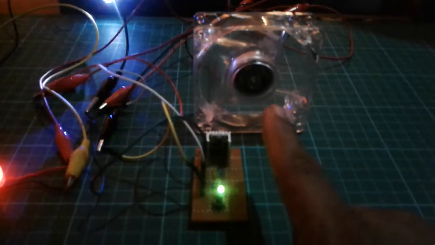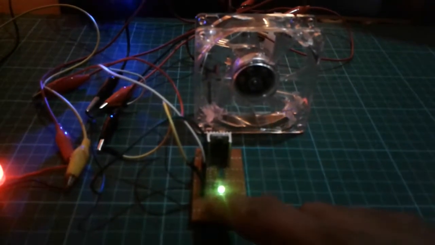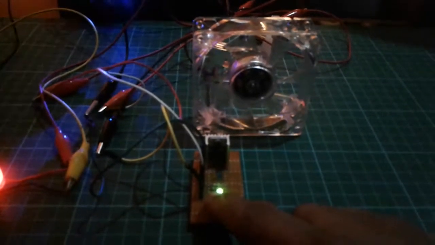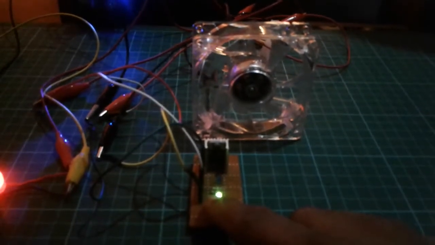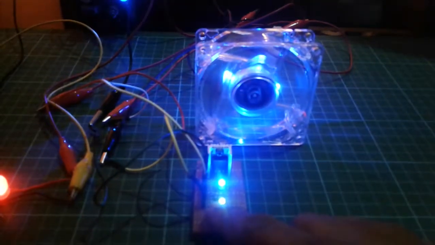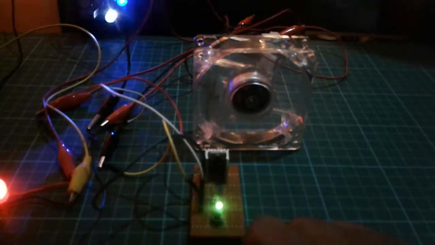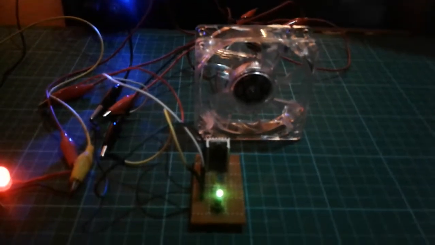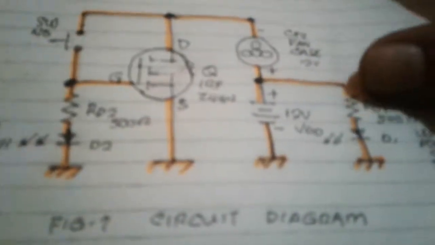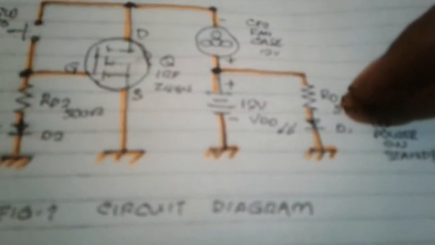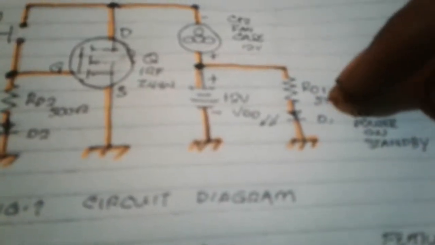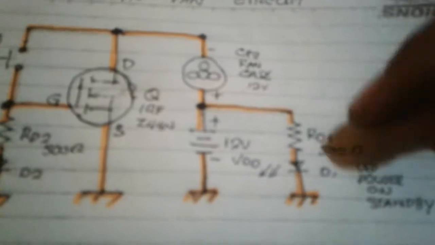And I'm using this CPU fan case. It actually has a built-in LED in the fan itself. The color blue LED inside the CPU fan case. Around here in our circuit, we need to calculate the value of the resistor of the LED here to protect the LED here and also here, since we're using 12 volt supply.